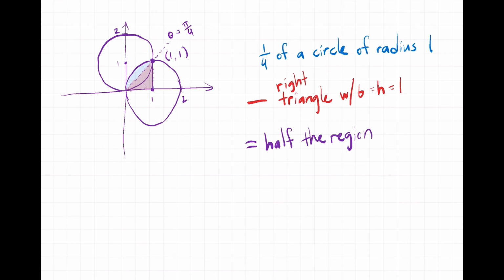So let's see if we can work this out here. So 1/4 of a circle of radius 1, that means I need 1/4 of the area of that circle, which is pi r squared. But our r is actually 1 here, so that is going to be pi over 4, right?